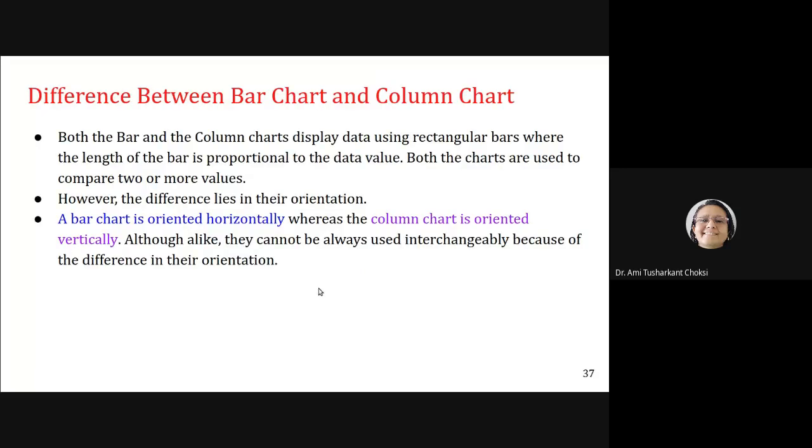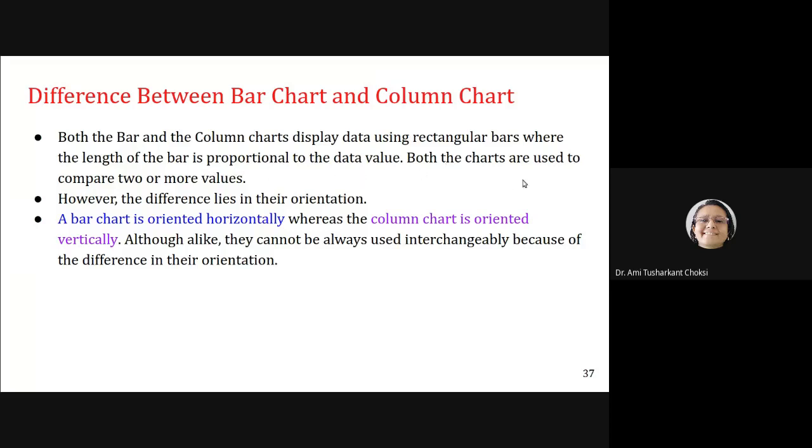So now we want to know about the difference between bar chart and column chart. You already are aware, but as we want to study this, we are including it here. Both the bar and column charts display data using rectangular bars, whereas the length of the bar is proportional to the data value.